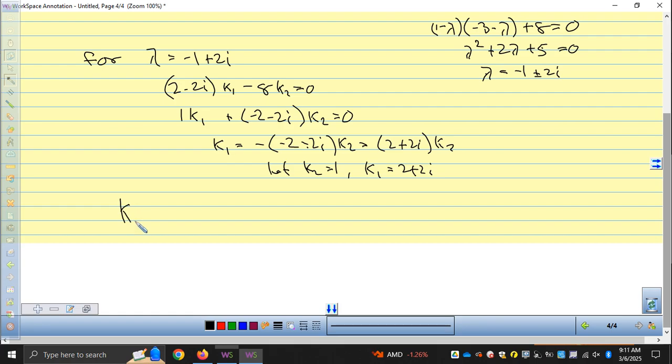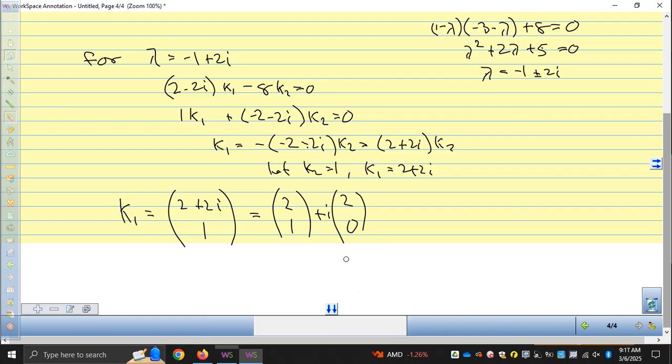So k1 is 2 plus 2i, 1, which is (2, 1) plus i times (2, 0). And now I'm rethinking what I said before, Max, about that 0. I'm not sure that it might not always be 0.